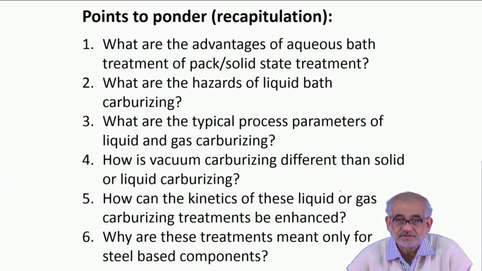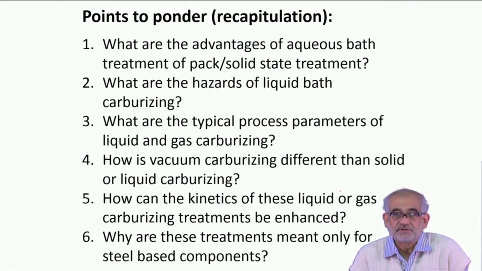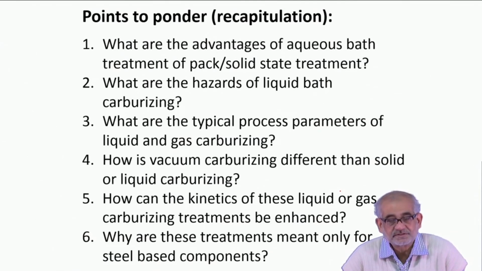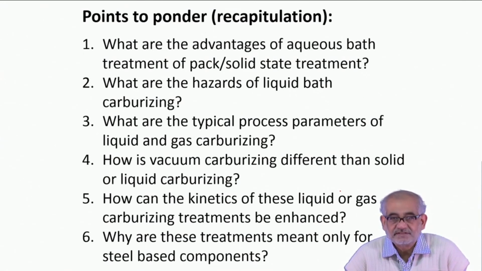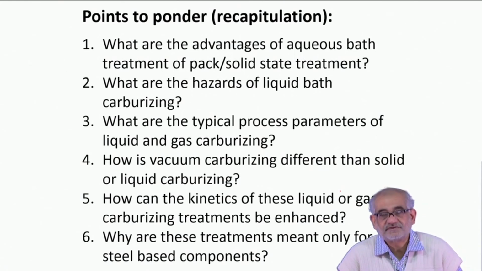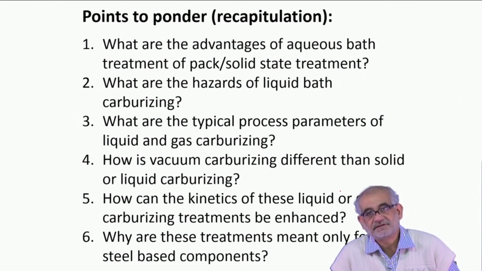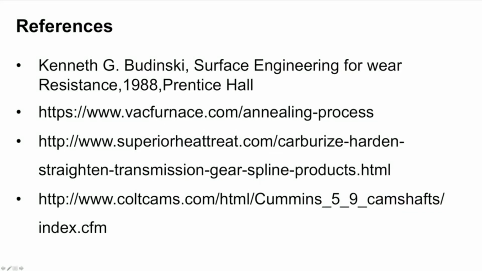And in manufacturing processes, particularly wherever we deal with mechanical forces, steel is usually a very popular substrate for creating various kinds of engineering implements. So with this, we end the discussion on carburizing related techniques, which is essentially to enrich the surface with carbon and then subsequently carry out some heat treatments to develop a wear resistant surface maintaining a tough core. Thank you very much.